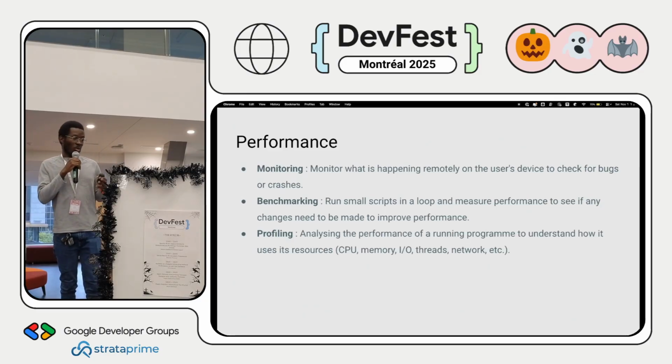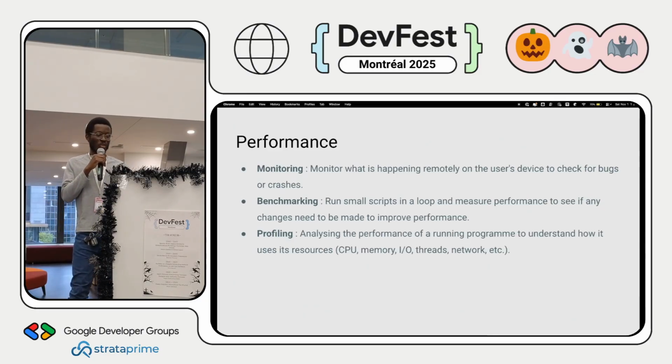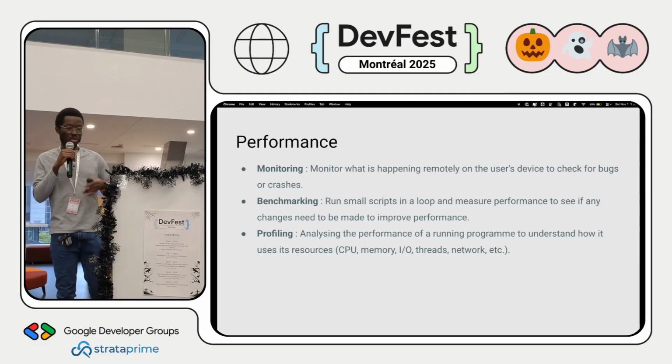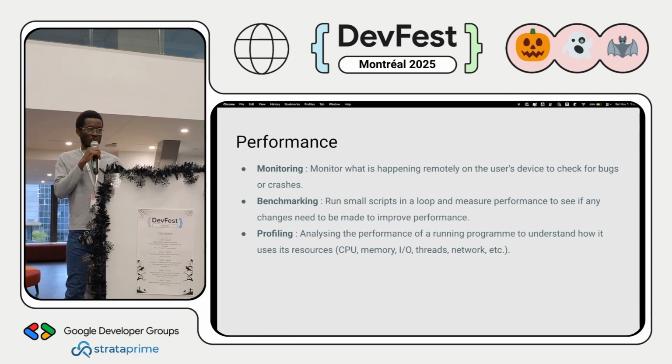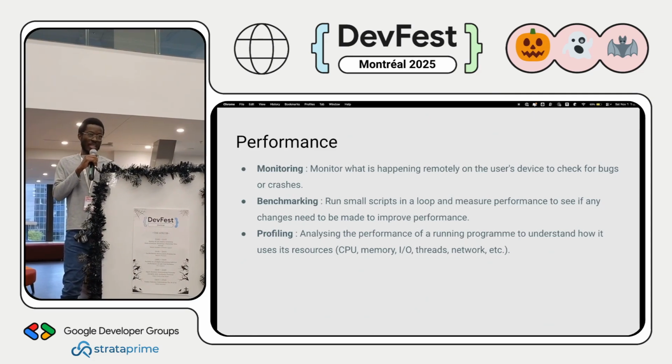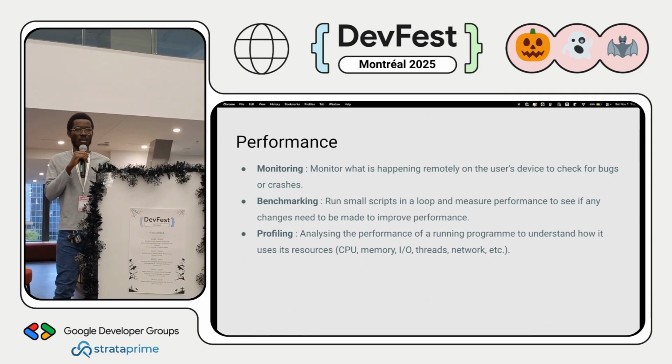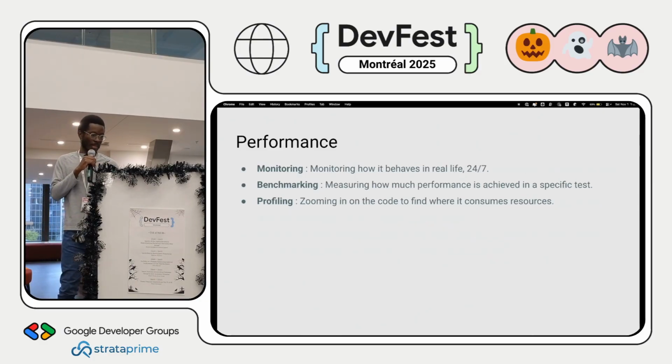Profiling is basically analyzing the performance of a running program to understand how it uses resources, and it can be network, GPU, CPU, I/O, etc. Today we will be most focused on the last one, profiling. So we'll see different techniques that can be used when it comes to profiling.